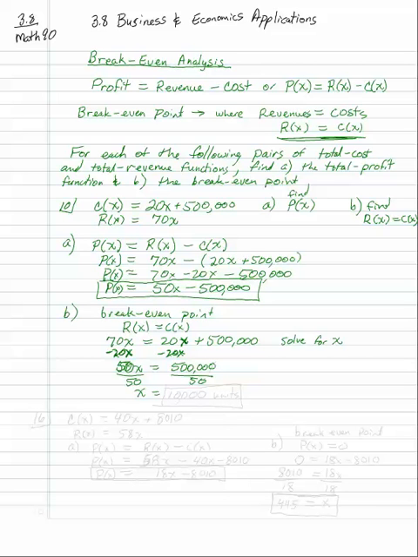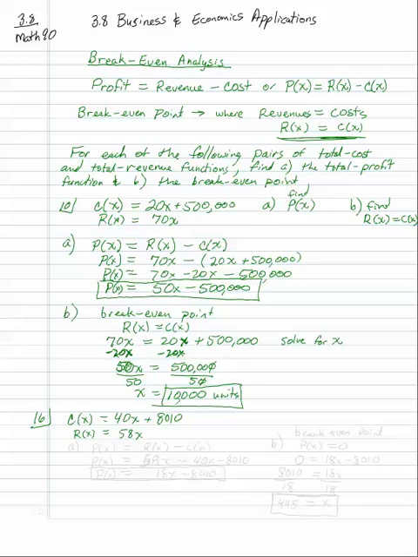So x equals 10,000 units, whatever that is. I would have to produce and sell 10,000 units, and that'll break even. And my profit function is 50x minus 500,000.